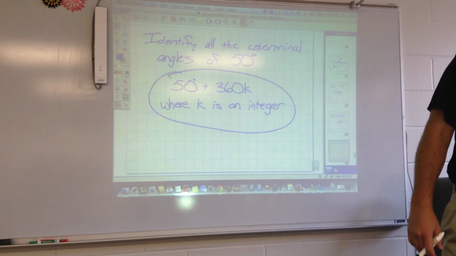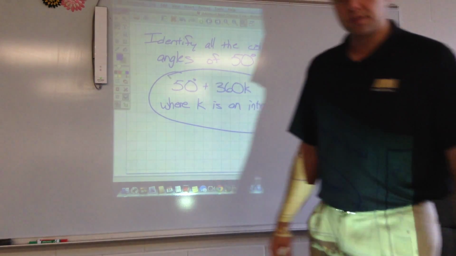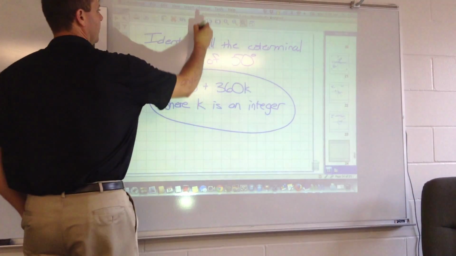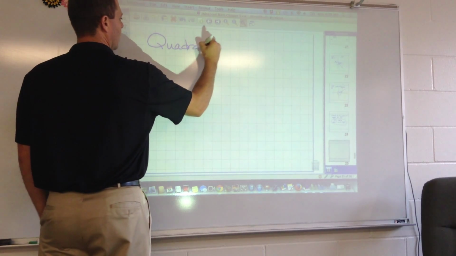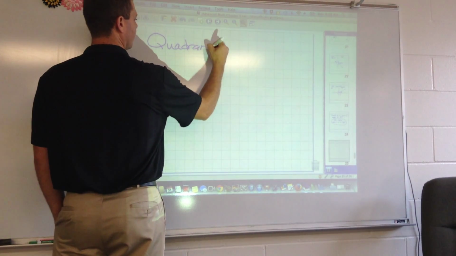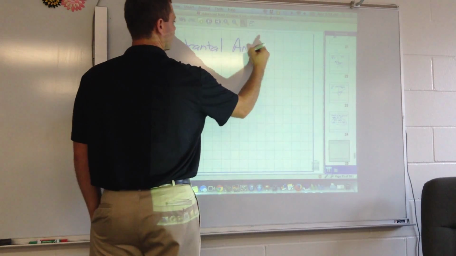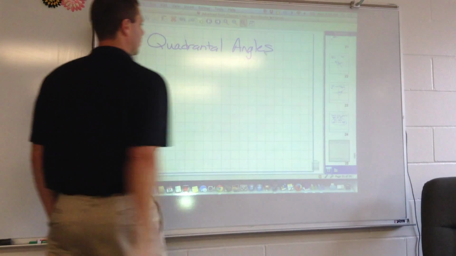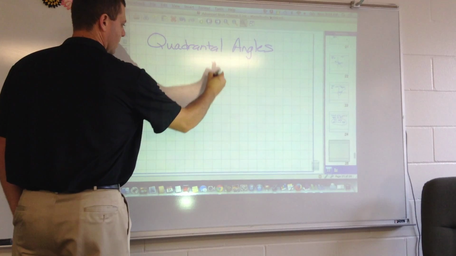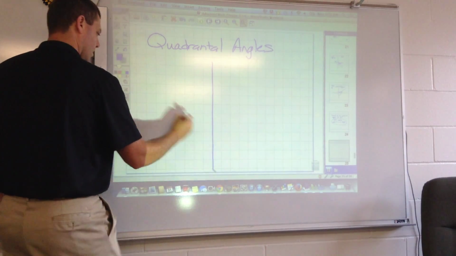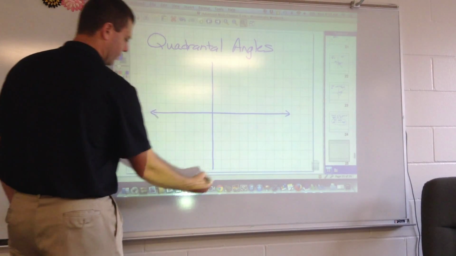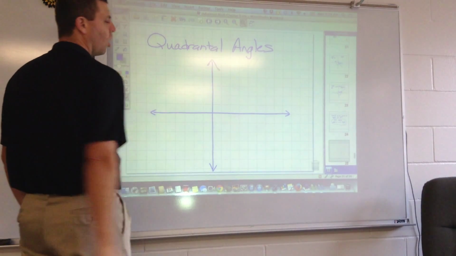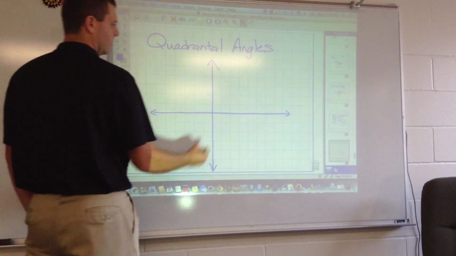I've got to do quadrantal angles yet. We've talked about them a little bit. Quadrantal angles are not really in a quadrant. They're on one of the axes.